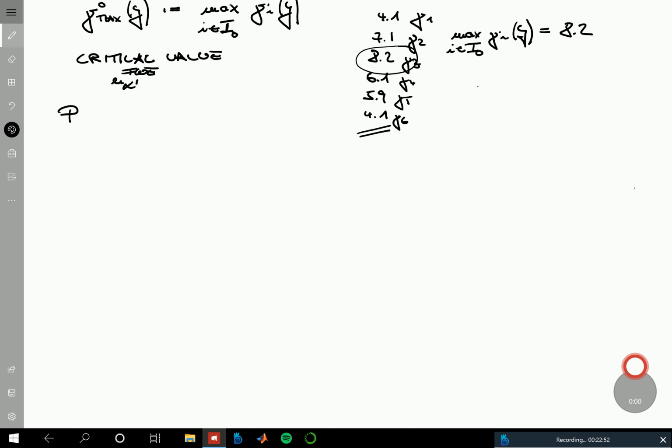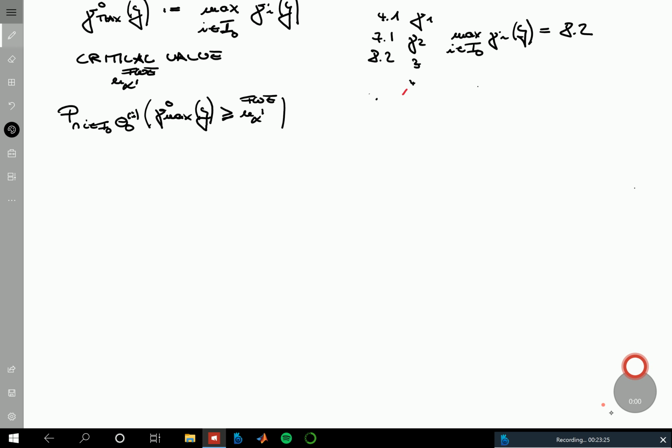What we do is, we consider the probability, at the locations where the null hypothesis holds, for the maximum statistic to be larger or equal to u alpha prime, and we select this u, this value of the maximum statistic, such that the probability for this to be larger than u alpha prime FWE is smaller than the significance level.